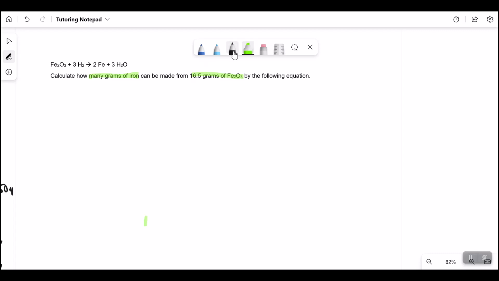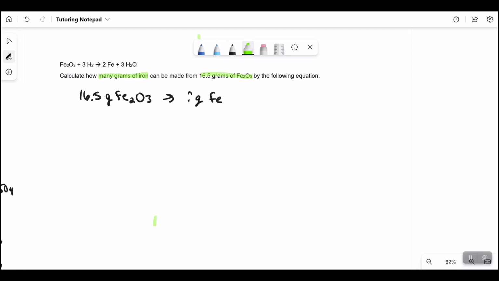So if we look at a map of what we're going to be doing, we're starting at 16.5 grams of Fe2O3, and we're going towards grams of iron. And if we look back at our balanced equation, we have a 1 to 2 ratio. So that's what we're going to be using to cancel our molar ratio.